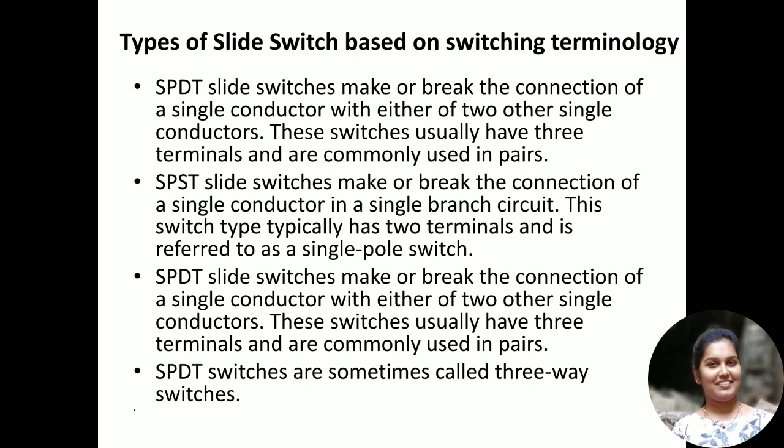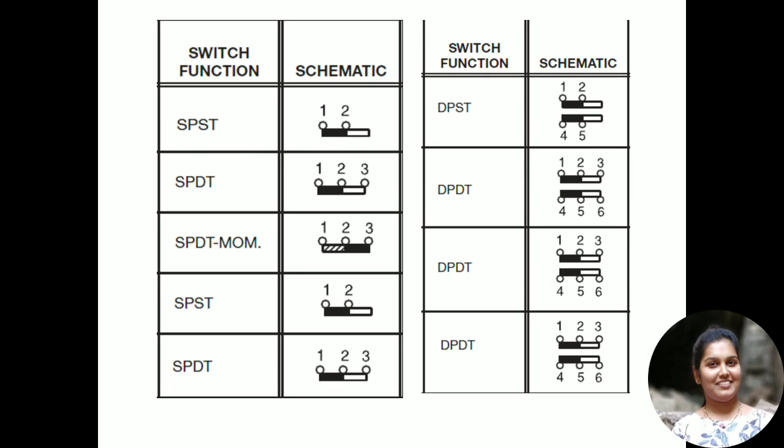And next, coming to the types of slider switch, based on switching terminology. An SPDT slide switch makes or breaks the connection of a single conductor with either of two other single conductors. These switches usually have three terminals and are commonly used in pairs. SPST slide switch makes or breaks the connection of a single conductor in a single branch circuit.